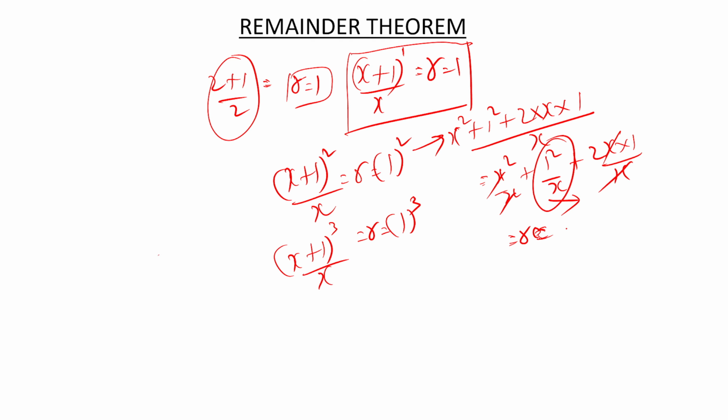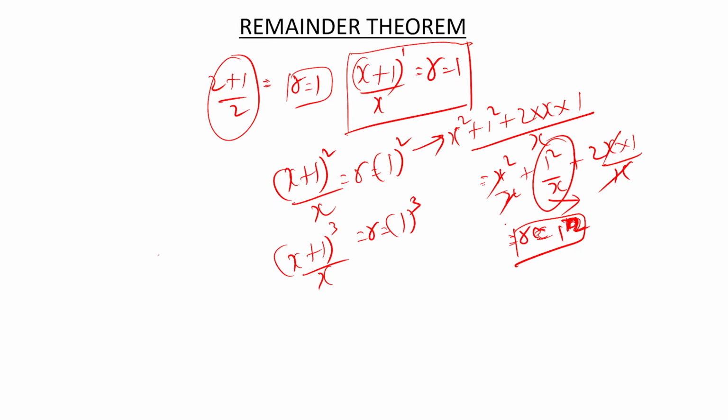So we'll get remainder 1 square. Or we can say 1 square, since our power here is square. That's how we did it.